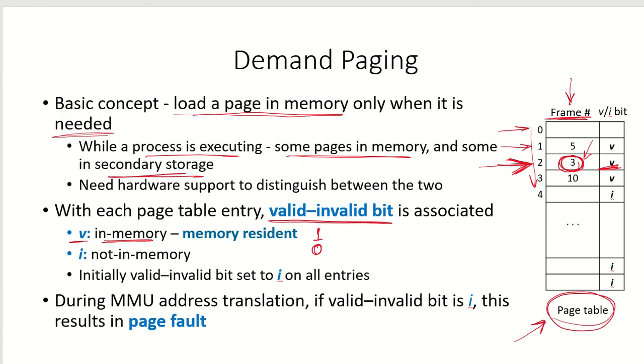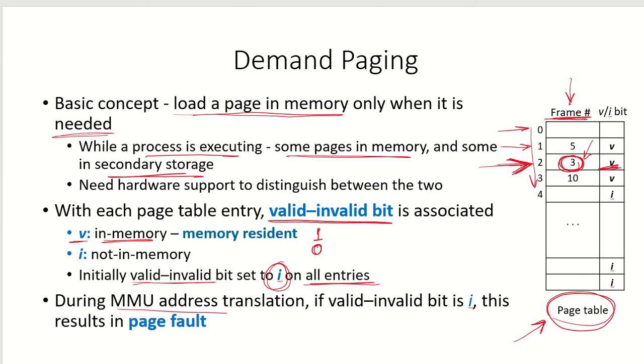Valid shows that the page is available in the memory and invalid shows that the page is not in the memory. Initially, when the system starts, the valid-invalid bit is set to the invalid state for all entries, which shows that no data in the page table is valid yet.